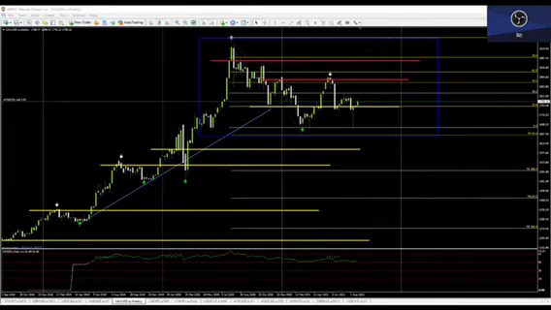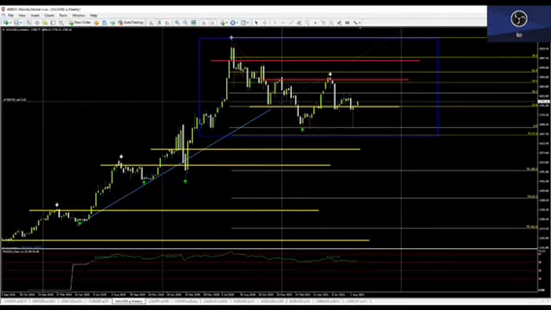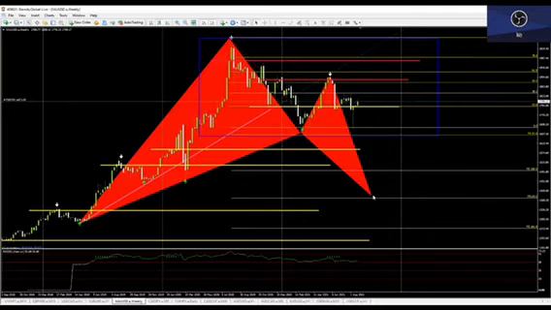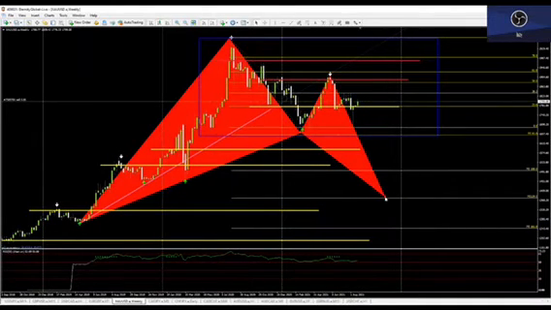All right, so with that being said, most likely we're looking at this type of harmonic pattern, something like this in nature, which will ultimately just bring us back to this support zone here.